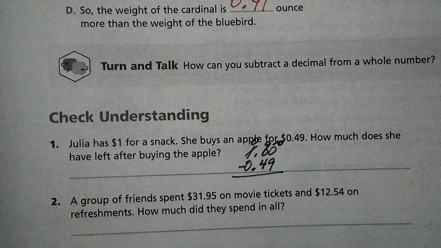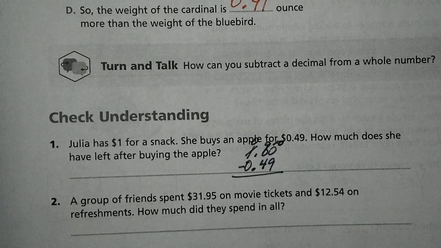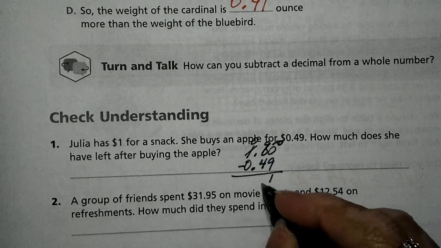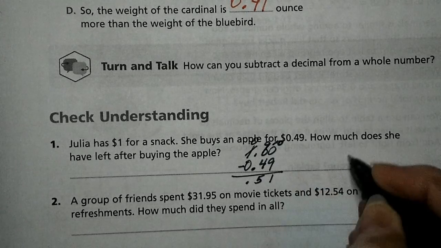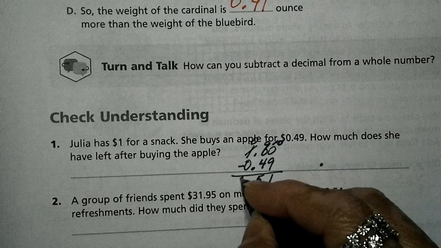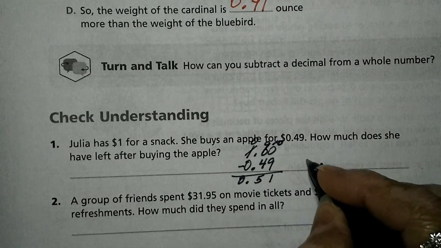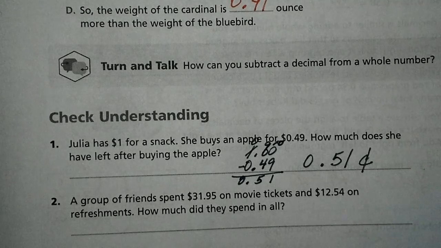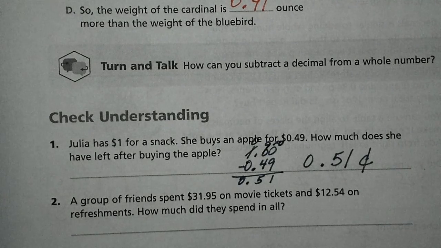Then 10 minus 9 is 1, 9 minus 4 is 5, and 0 minus 0 is 0. He has 51 cents left over. Awesome. Good job, Aiden.